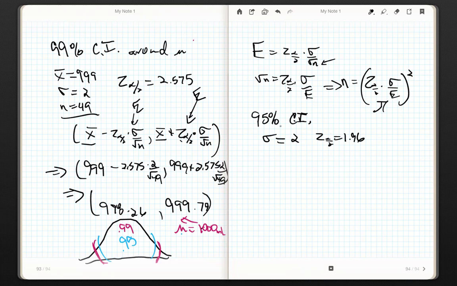And let's see, what's my error going to be? Well, think about that. If I'm 95% confident, then my error, the amount that I'm off on either side, is going to be what? Is it going to be 0.025? Is it going to be 0.05? That's something that's really, really important.